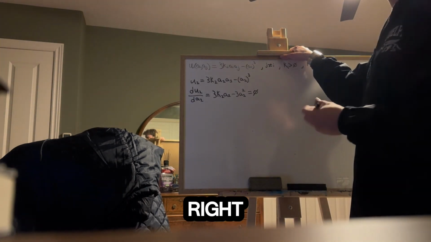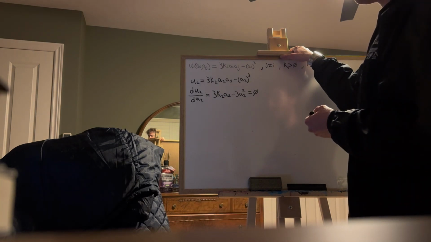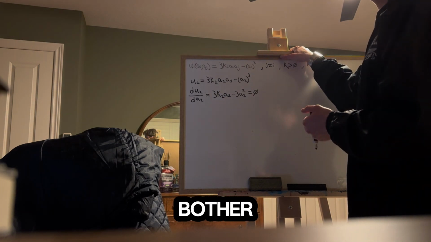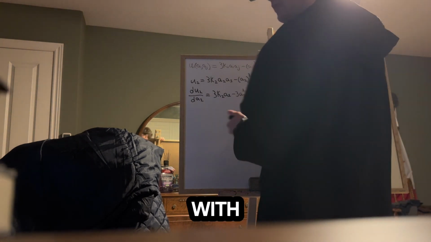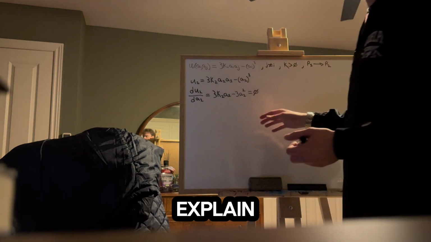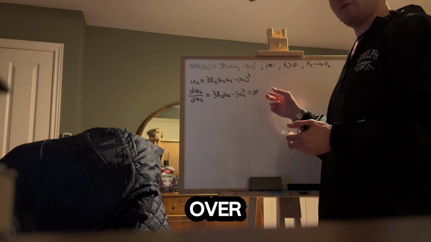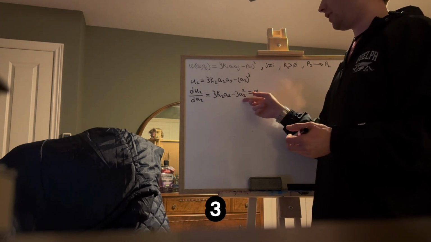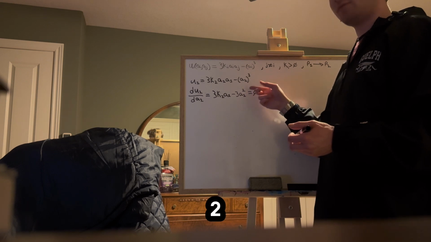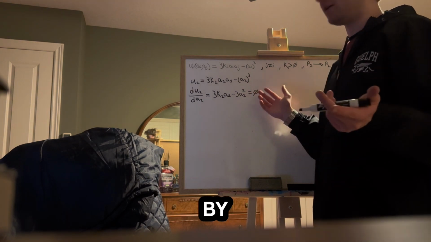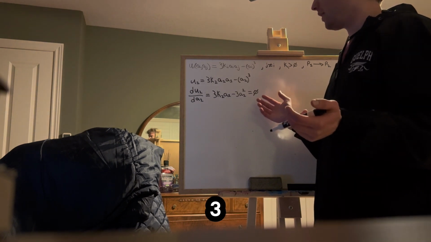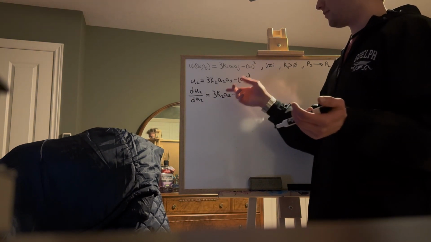And I'm not going to bother too much with the math, but I can explain it. You're going to move that over. You're going to move less 3a2 squared over. You can take 3 off both sides, divide both sides by 3, and then square root.